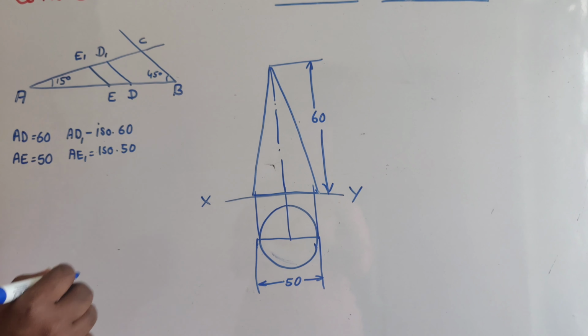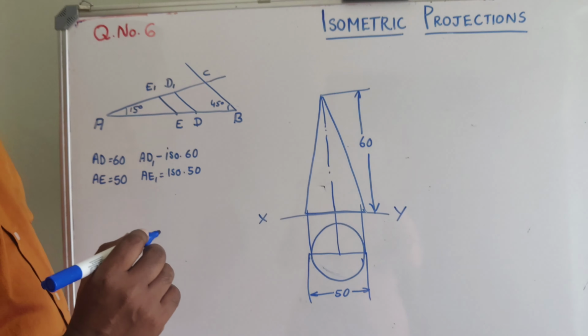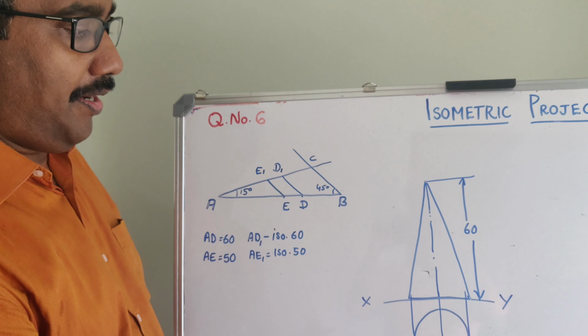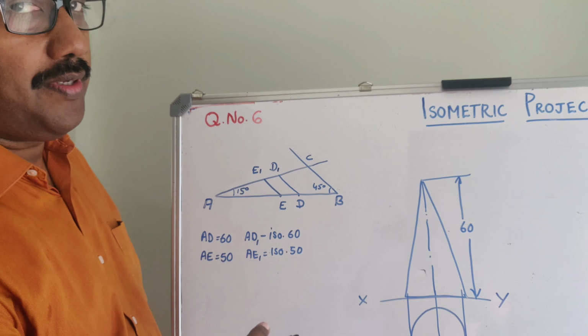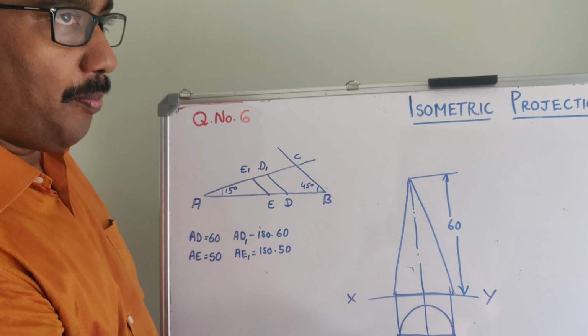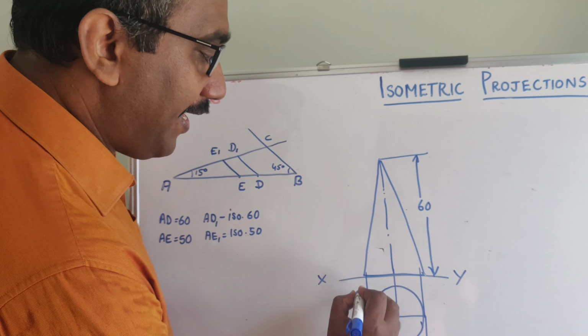The next step is to draw the isometric projection. As we know, since we are not having isometric lines in this problem, you have to keep it inside a box.